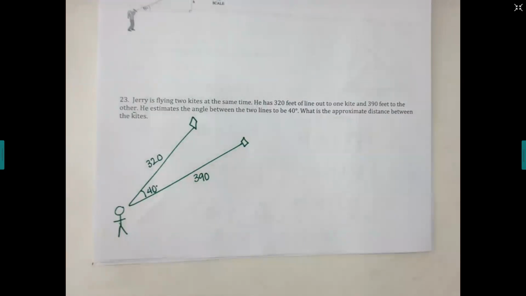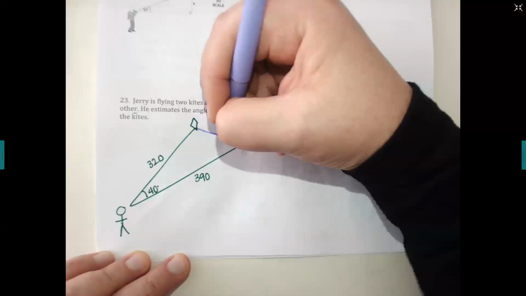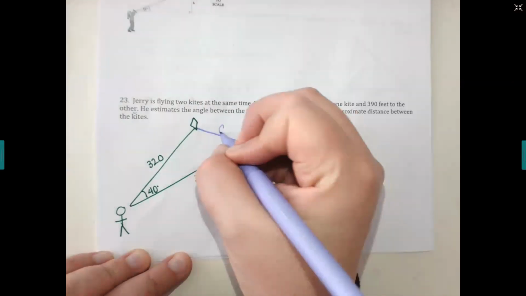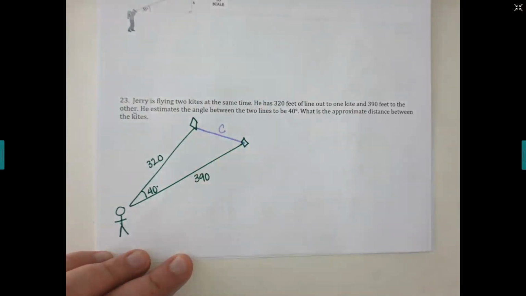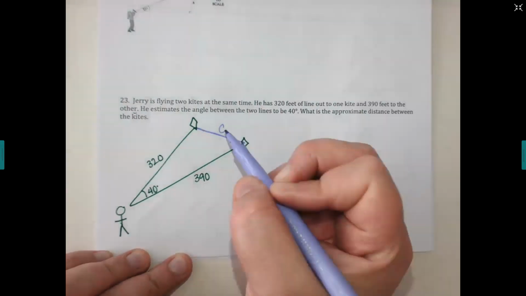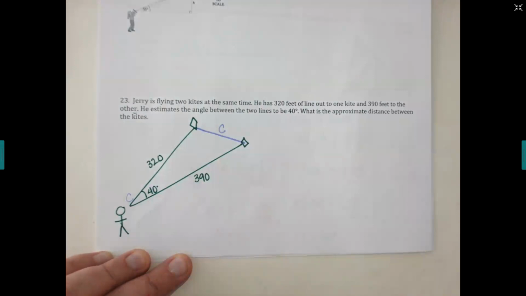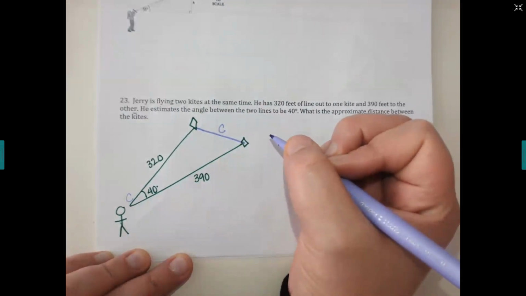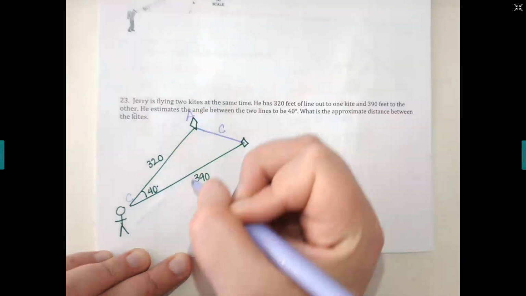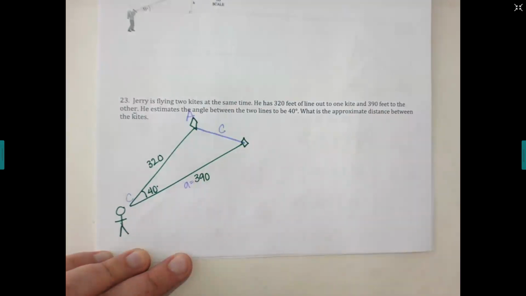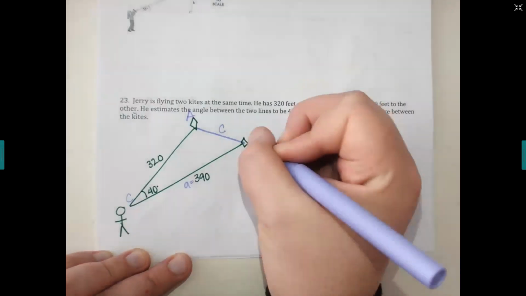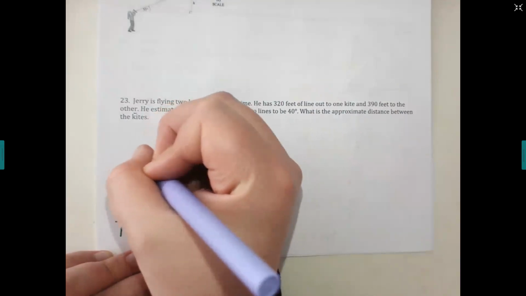Okay, then it says, what is the distance between the two kites? You would just connect these with a third side. And this is going to be the one that we're looking for. So I'm going to call that little c, that makes this big C. We'll go ahead and call this corner A, that makes this little a. And then this is going to be B, which makes this little b.